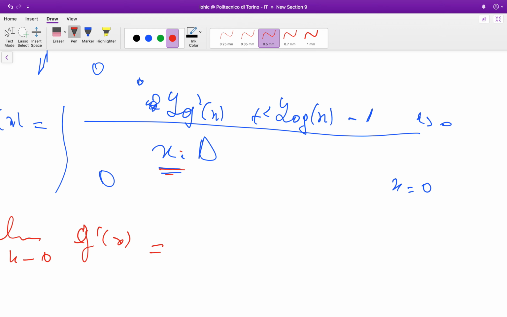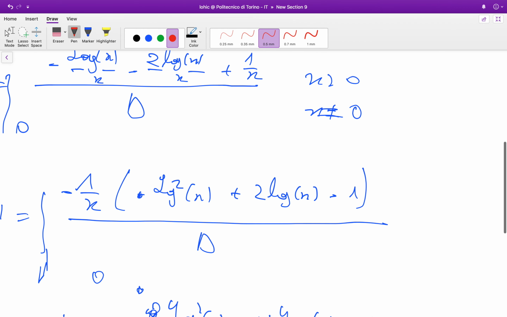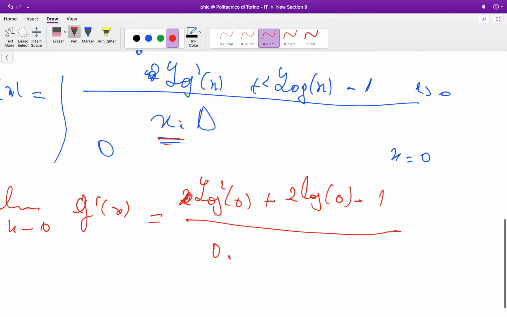If we put 0, this gives us log square of 0 plus 2 log of 0 minus 1 over 0 multiplied by the denominator, that was log square x minus 0.